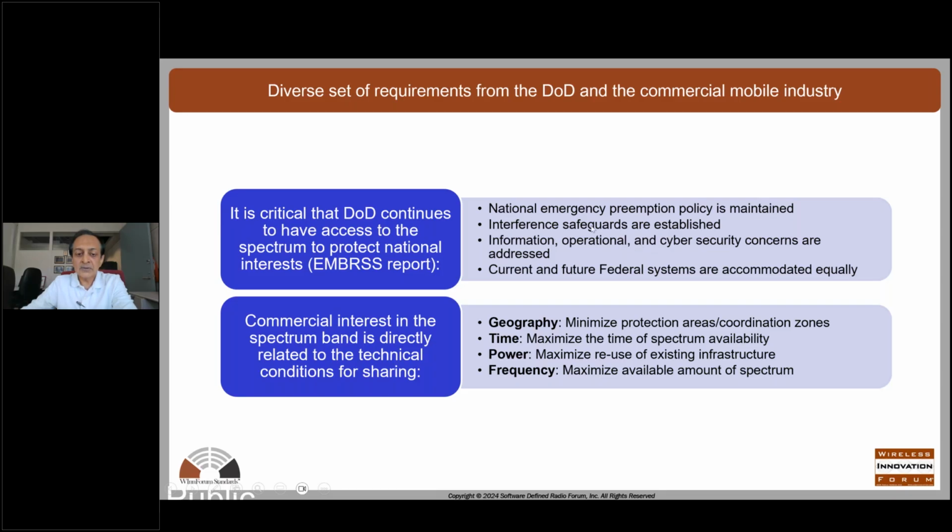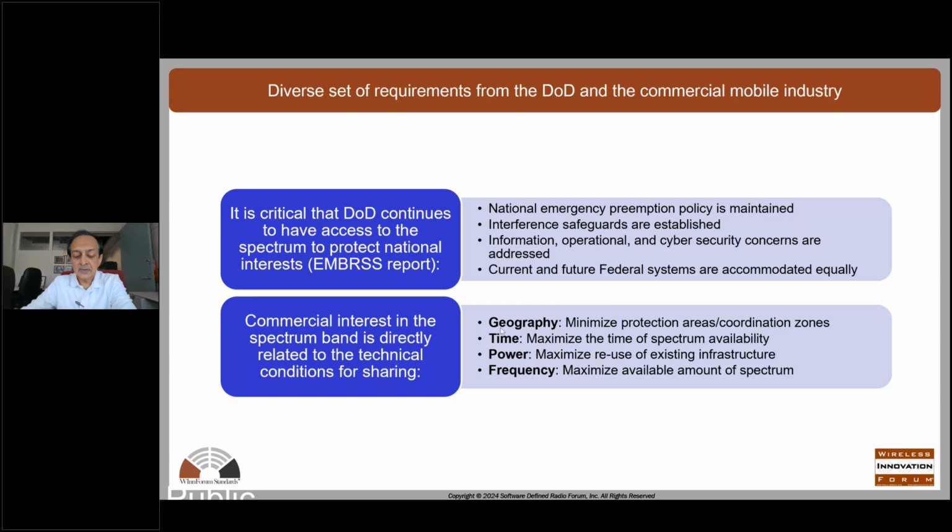Some of them are very obvious: national emergency preemption, they should be able to preempt, interference safeguards have to be in place, and so on and so forth. But if you look at it from the commercial side, this particular spectrum is valuable for us if and only if we can have good ownership of the four dimensions of that spectrum.